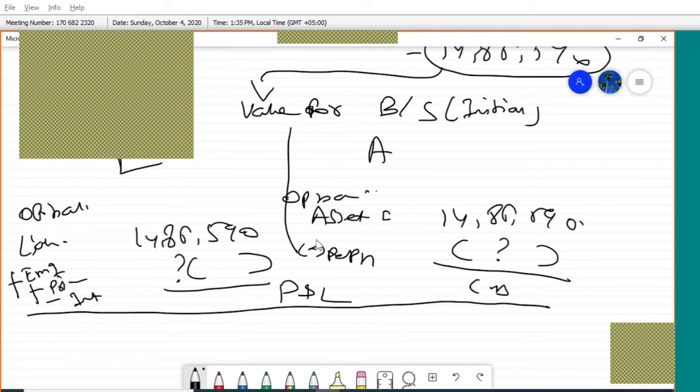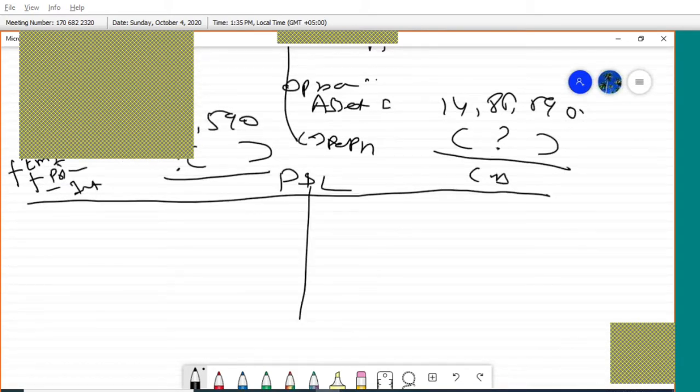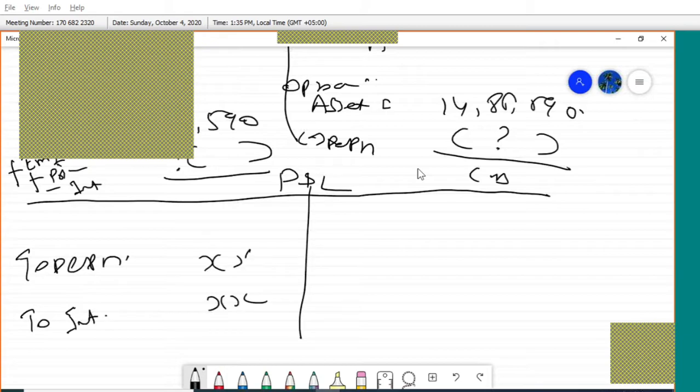And what do we have to do in P&L? Since we are claiming depreciation, we have to account it in the P&L as an expense, depreciation expense. Since we are paying EMI, interest also we are paying, so we have to identify and debit the interest expenses also.